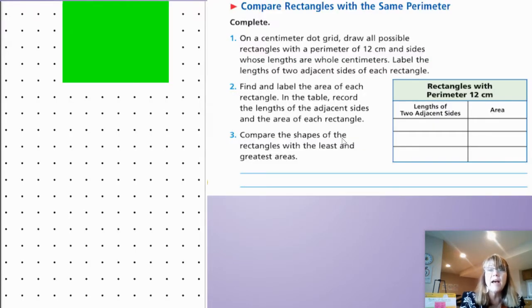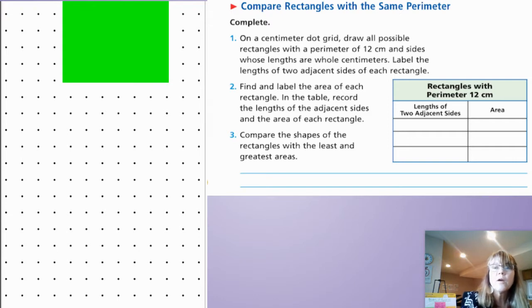So knowing that, we're going to look at having the same perimeter for rectangles, and then how does that change the area? So on the centimeter dot grid paper, you're going to want that packet out too. So if you need to pause for a moment to get that, go ahead and do so. All right.